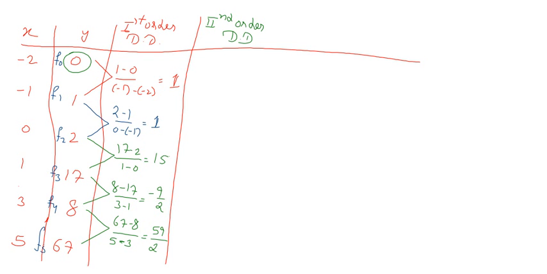Here we have x5, so the degree of the polynomial is at most 5. Okay, at most 5, right? So we are going to get C0, C1, C2, C3, C4, C5, right? So we are in the process of getting the second order divided differences.